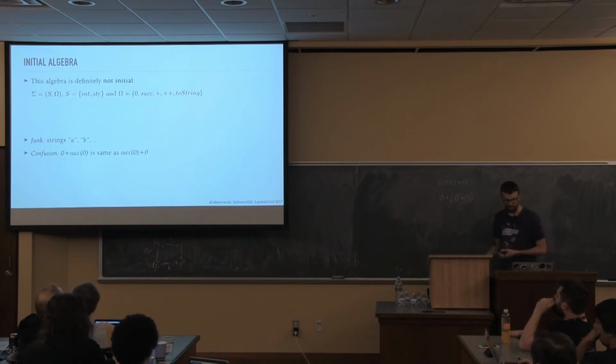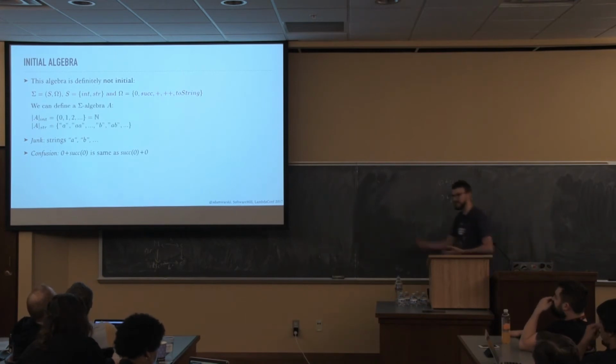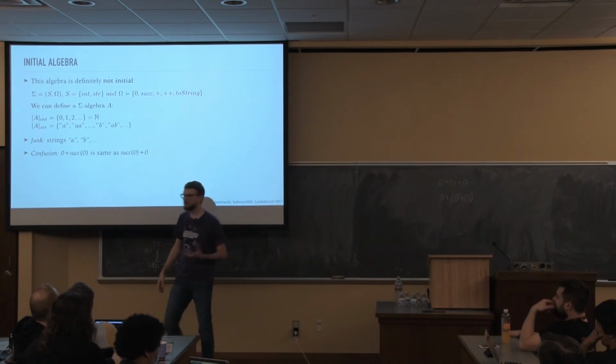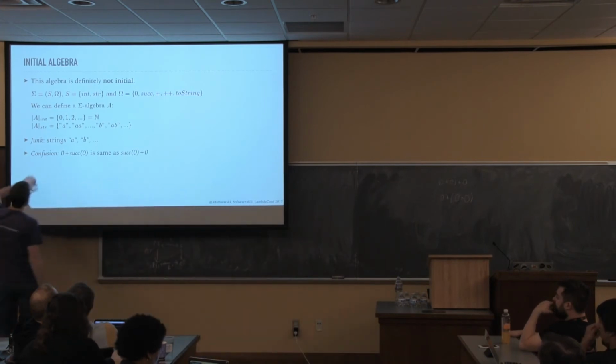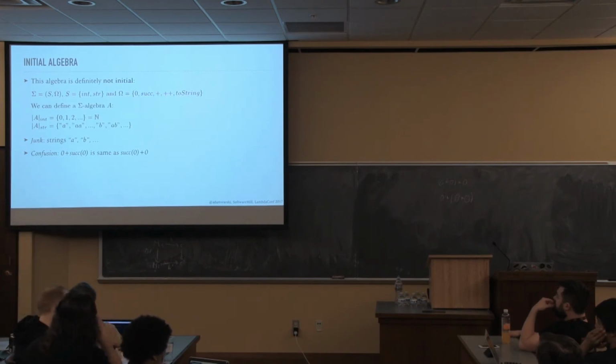So as an example of an algebra which isn't initial, let's take the same A algebra, okay? As we have seen before. Now this algebra definitely isn't initial. It contains some junk, some extra elements. The strings A and B are not reachable by any term. So we cannot build an expression from these symbols which will evaluate to A. We just can't, but the algebra can contain them, why not?